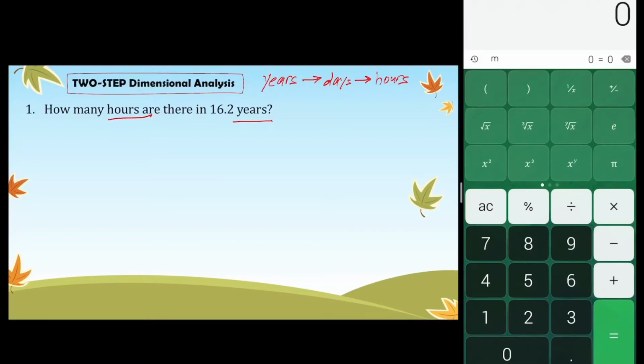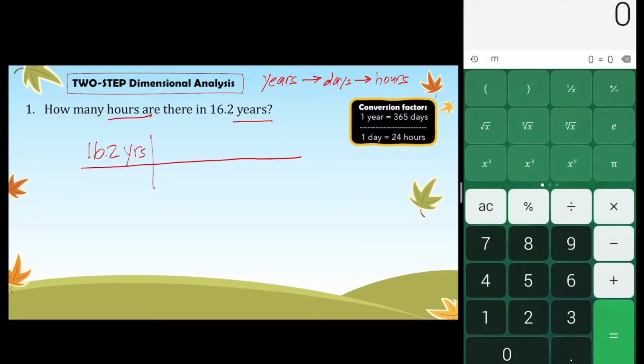So my conversion factors are 1 year equals 365 days and 1 day equals 24 hours. I'm going to begin this problem by writing the given value, 16.2 years. Our first step is to eliminate the years label. So to do that, we need to write the unit years in the denominator position of our conversion factor.